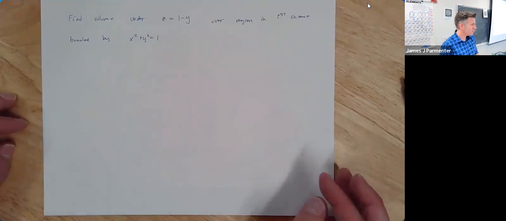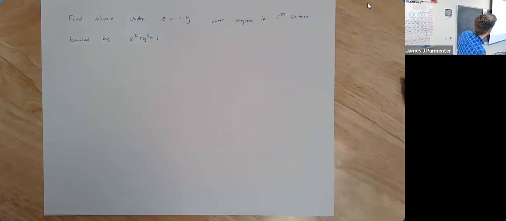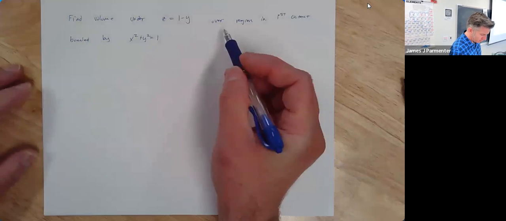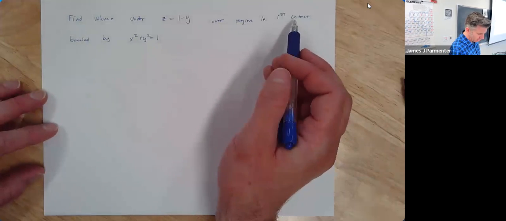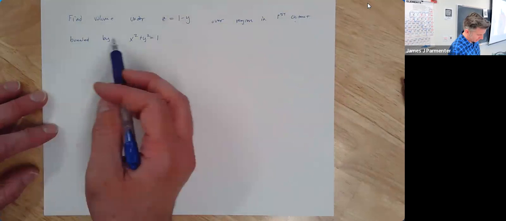So it says find the volume under z equals 1 minus y over the region in the first octant bounded by x squared plus y squared.